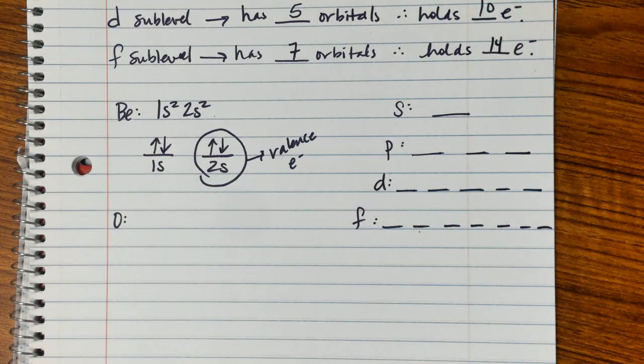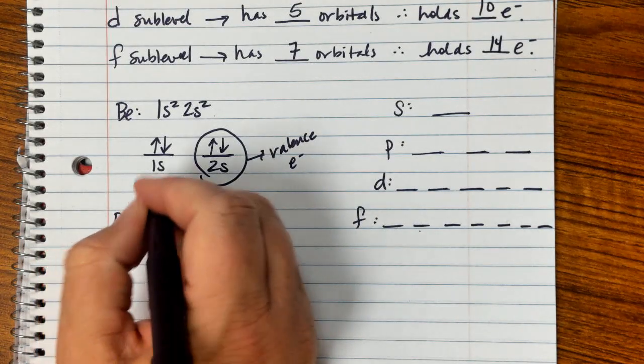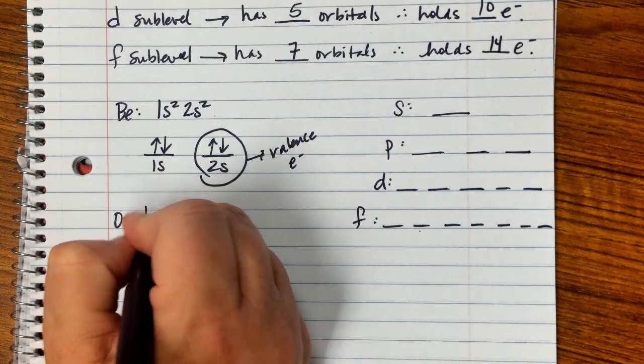Your electron configuration. Okay, what is our electron configuration for oxygen? 1s2, 2s2, 2p4.